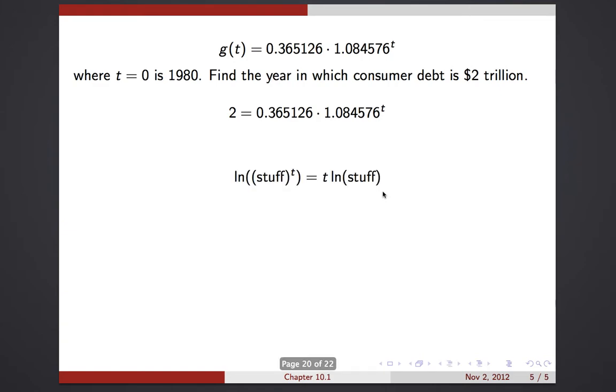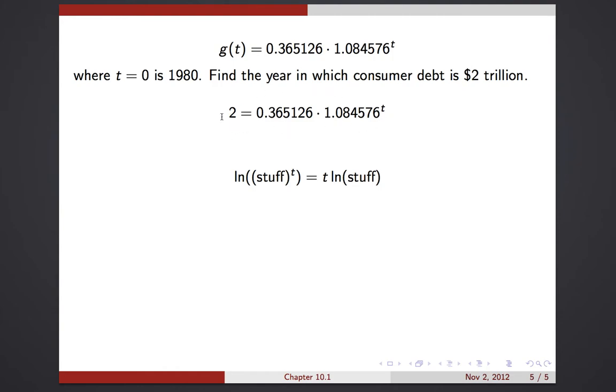And so let me pause right here, and let me just remind you of our log formula. It says log of stuff to the t equals t times log of stuff. So if you want to use this property, all the stuff inside the log must be raised to the t power. And so a common error when solving an equation like this is to start by taking log of both sides.